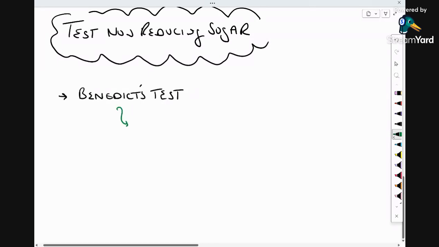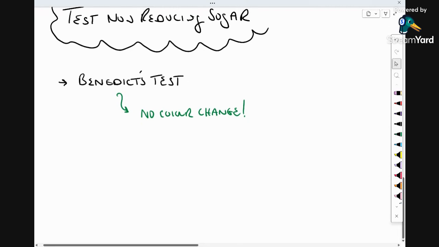And we have to say that there is no color change, because it's a non-reducing sugar, so we think. But as I've said, we cannot simply use this. We cannot just say, oh, well, it must be a non-reducing sugar. What we have to do now is move on to another step.